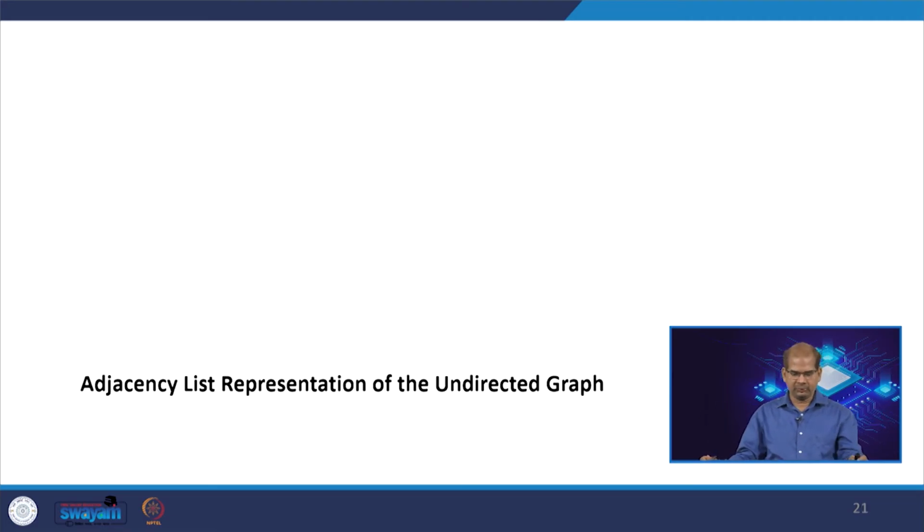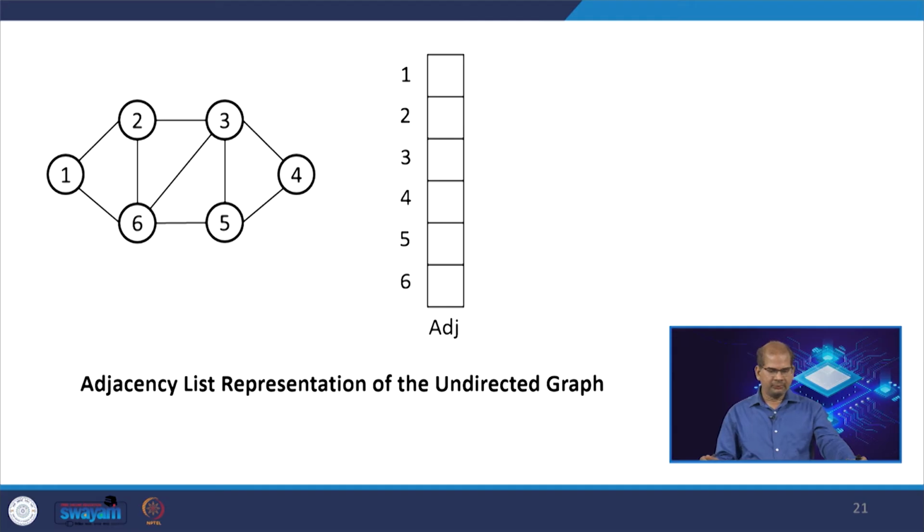Let us take an example here. If you can see, how many nodes are there? I have 6 nodes, or 6 vertices; nodes and vertices are the same thing, I am using them alternatively. So, all the 6 are creating a list here.